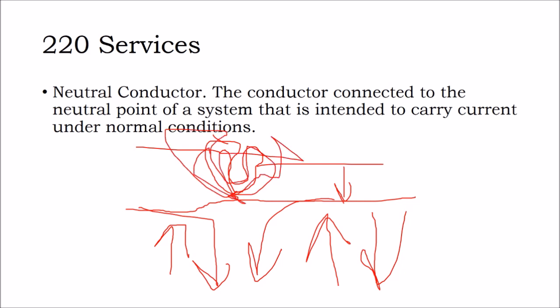So even though it's neutral and we say its reference voltage is 0, that doesn't mean it's incapable of carrying current. Instead, it serves as a balance between the two circuits, such that if one leg is imbalanced relative to the other, it helps stabilize the voltage and maintain both circuits at 120 volts.